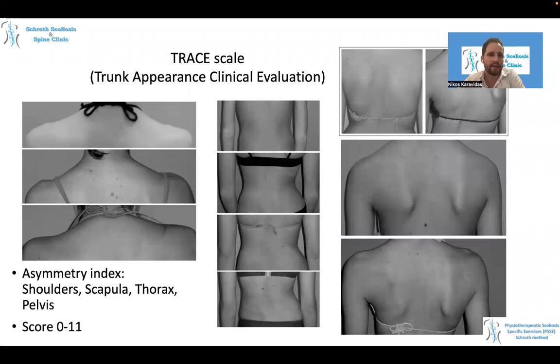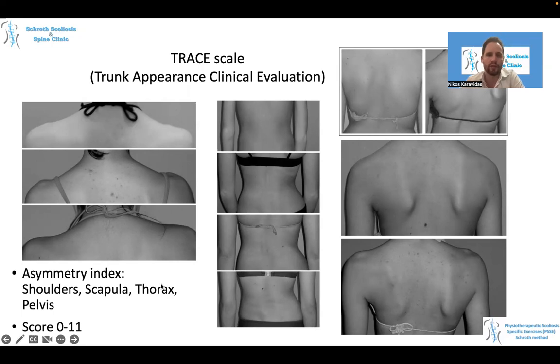These are some of the clinical scales that you can use to evaluate the body symmetry, like the trunk appearance clinical evaluation scale, where you can see the asymmetry on the shoulders, where you get a score from 0 to 3, on the pelvis from 0 to 2, from 0 to 4, and on scapula and thorax from 0 to 2.